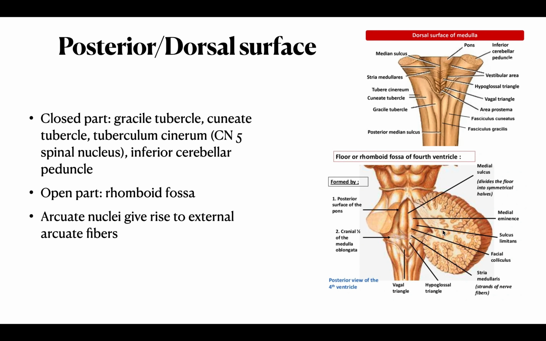So the inferior cerebellar peduncle is going to cover it, right? The open part is going to be the rhomboid fossa, which is basically this, and then the arcuate nuclei will give rise to the external arcuate fibers.